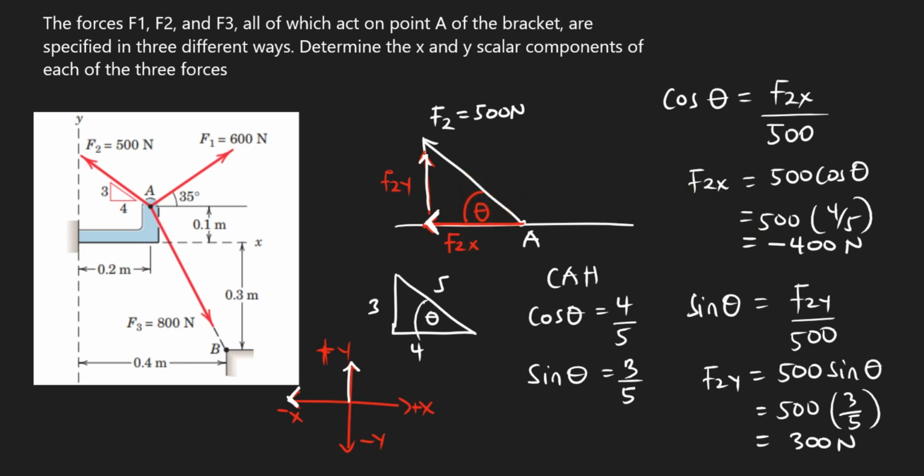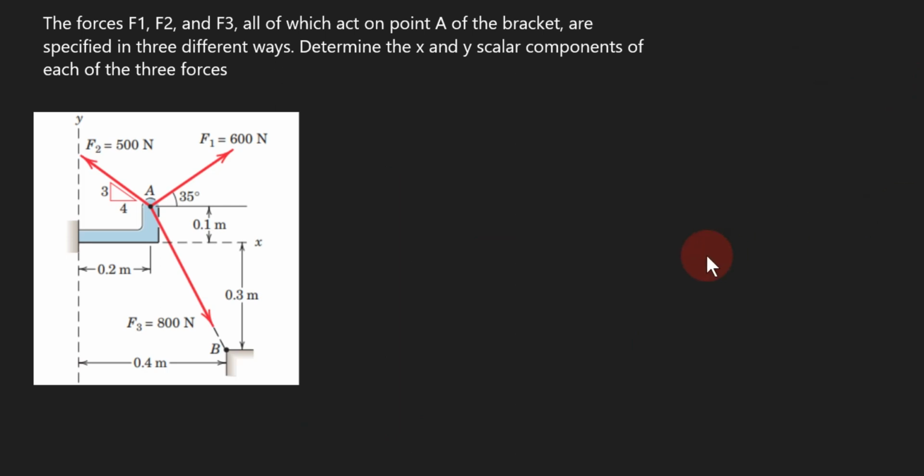Okay, so now let's do the same for F3. Let's look at how you are going to find the components for F3. Let me try and sketch F3. Let's say this is point A here, and then this is the negative y axis.